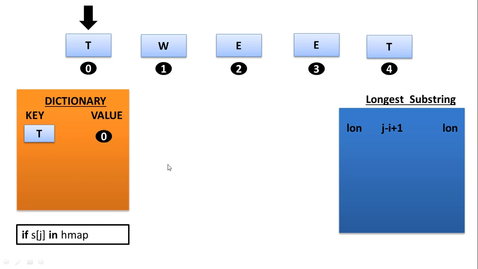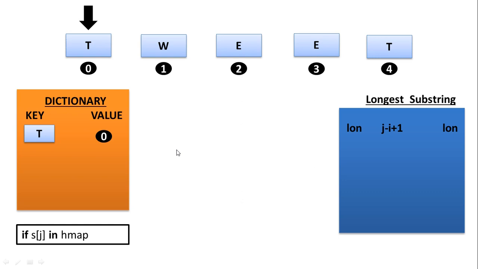Then we move on to another operation. And this operation is to find the longest substring after the first iteration. So after the first iteration, the only substring that we have at hand is t. So the length of the longest substring at this point of time is 1. But how do we tell Python to do that?